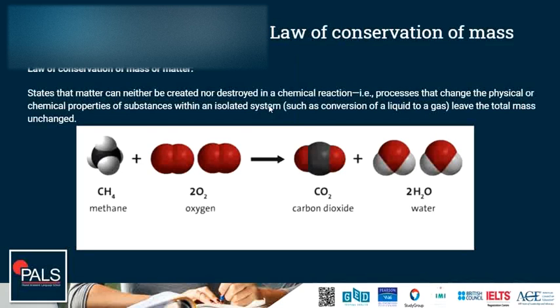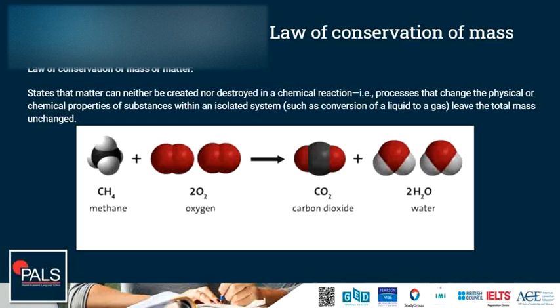So, as we already learned, the law of conservation of matter states that matter can neither be created nor destroyed in a chemical reaction. It leaves the total mass within a system unchanged. So let's have a look at how exactly this applies to the mass in this example.